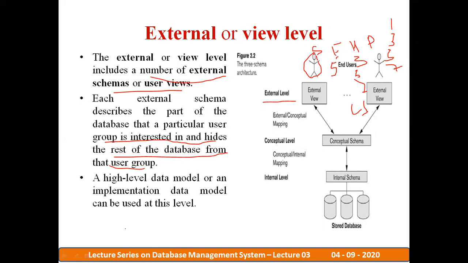Now, as you can see from these mappings, what will they do? These mappings convert the external level to the conceptual level. Whatever the user specifies will be converted to conceptual level data. Whatever the conceptual level data is will once again be mapped to the internal level.